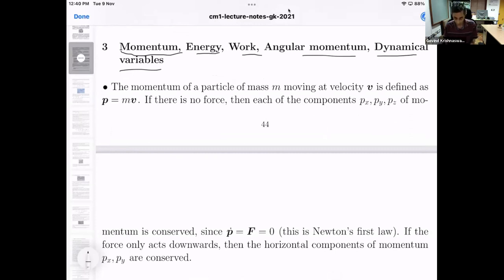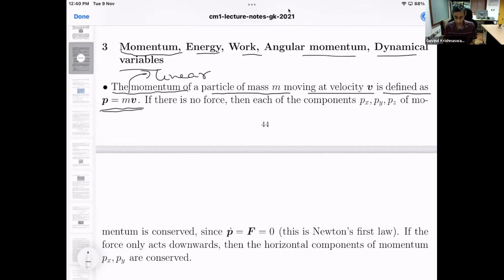As you are aware, the momentum, or sometimes called the linear momentum, usually we drop the word linear. The linear momentum of a particle of mass m moving at velocity v, in some inertial frame, is defined as p equal to mv. In some frame, it's simply the product of the mass with the velocity.